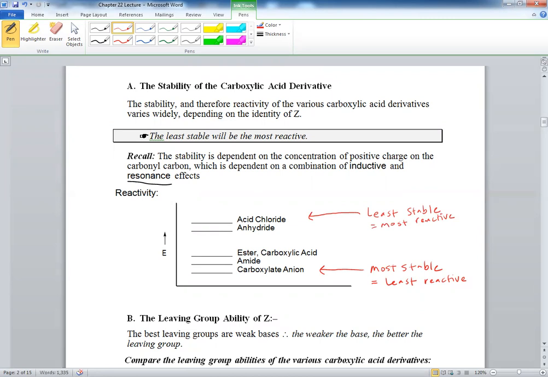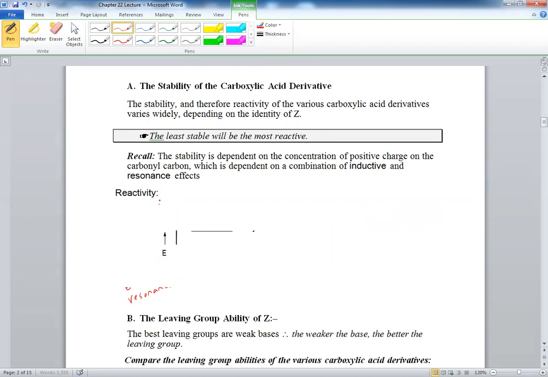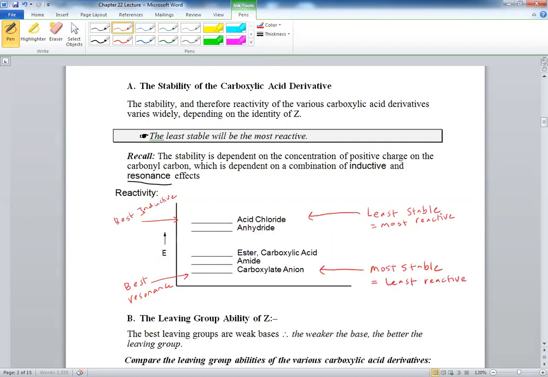And again, we talked about resonance and inductive effect. They are going against each other. This had the best resonance, and this had the best inductive effect. Or at least the inductive effect overwhelmingly works here. And again, that led to the most important consequences, which are these. This is what you need to know.